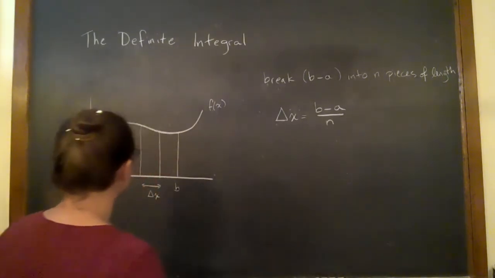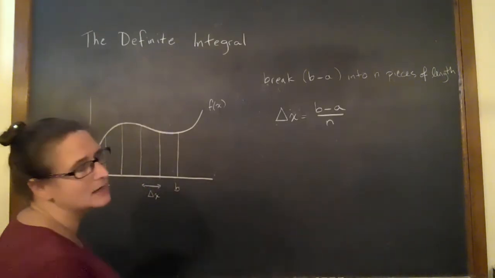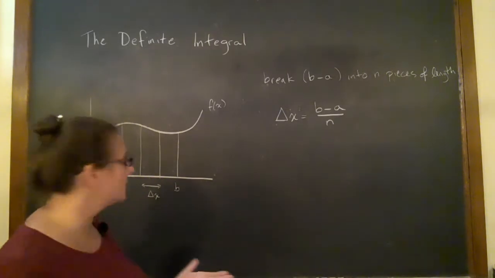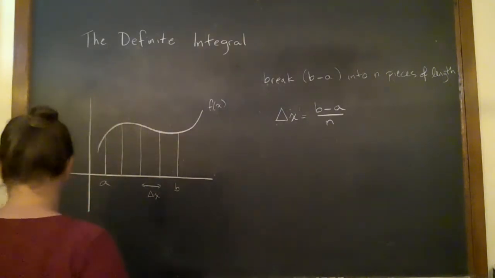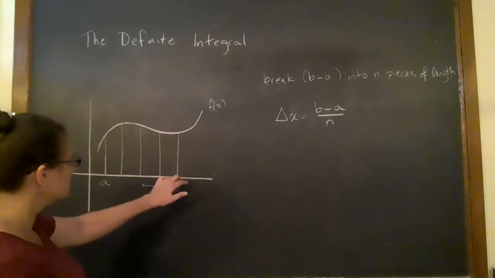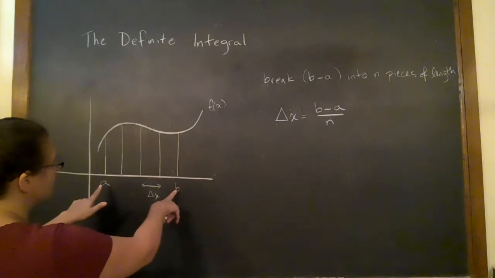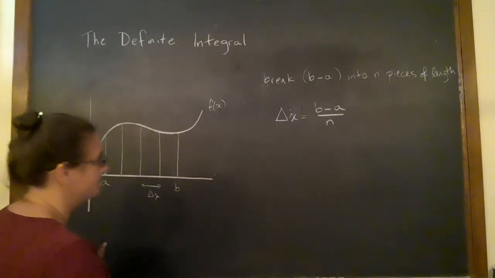Now how high am I going to make my rectangles? It doesn't matter. For the purposes of my picture, I'm just going to choose the left endpoint. So I've got 4 subintervals, and notice that I can give them names.